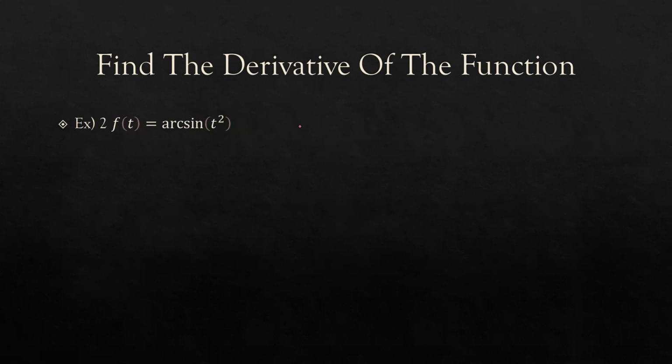Okay, example 2, find the derivative of arc sin of t squared. So what is the derivative of arc sin? We know that the derivative, I'm going to always write it down, is x prime over the square root of 1 minus x squared.